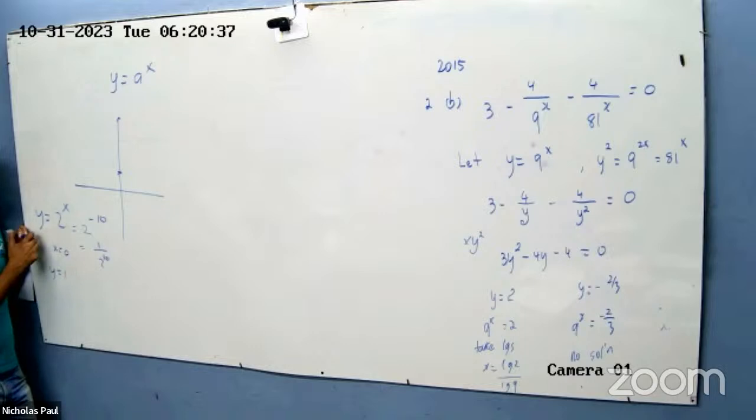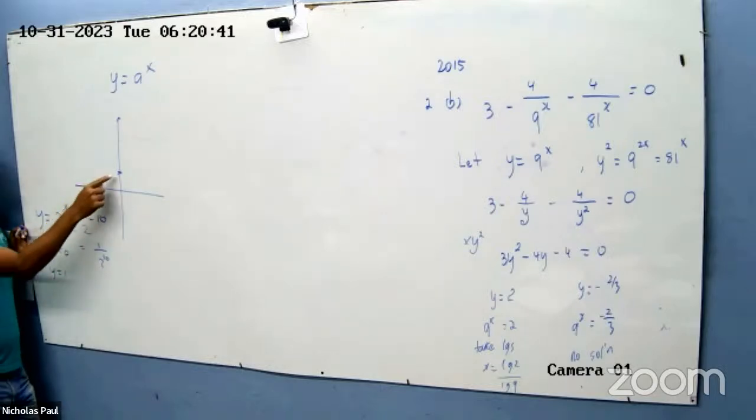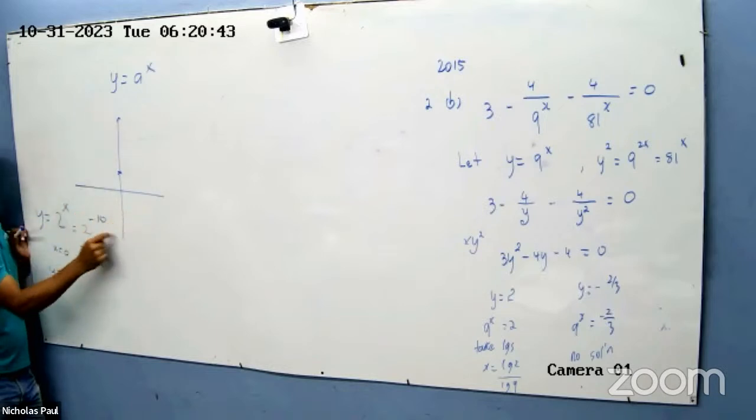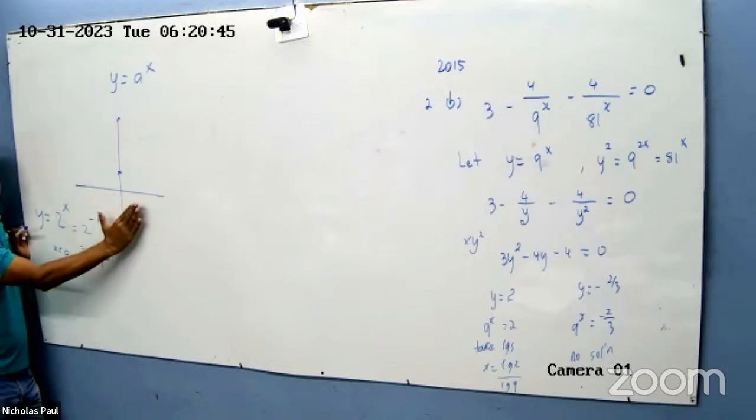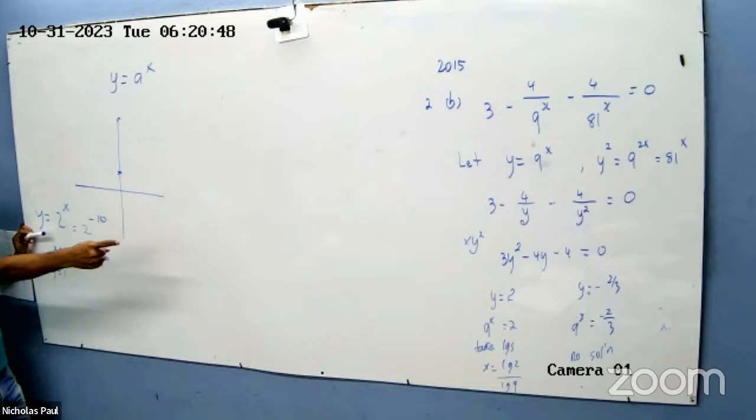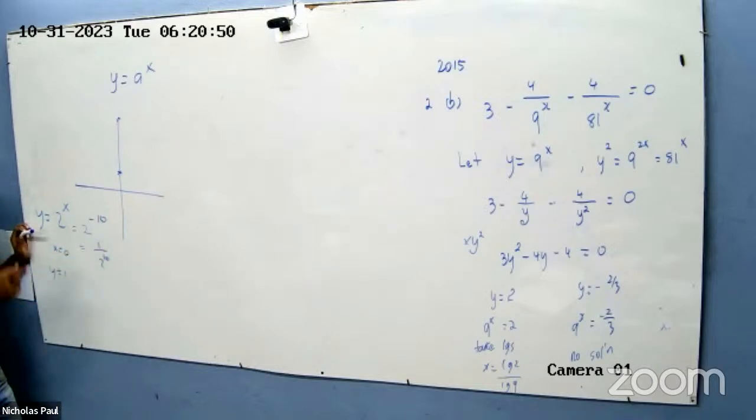So there's no way for this graph to be down here. So that graph doesn't exist in the negative part, and we saw that with that solution. There's no value of x that would give us a negative value. Are you okay with that?